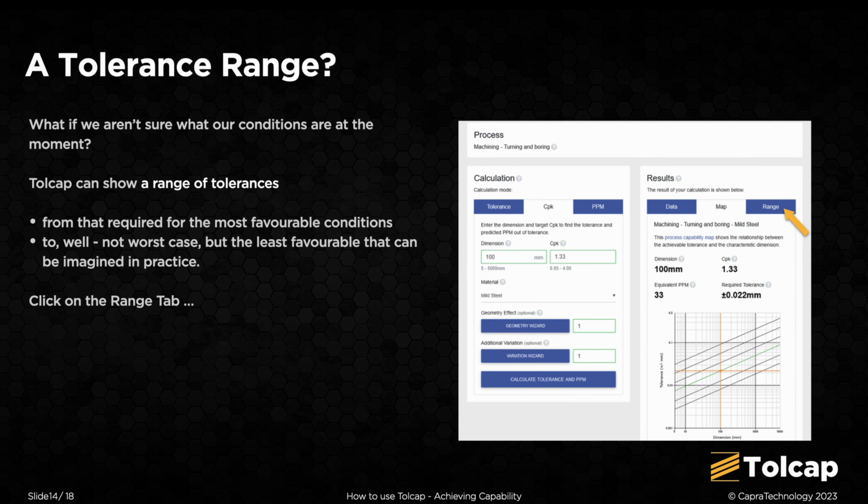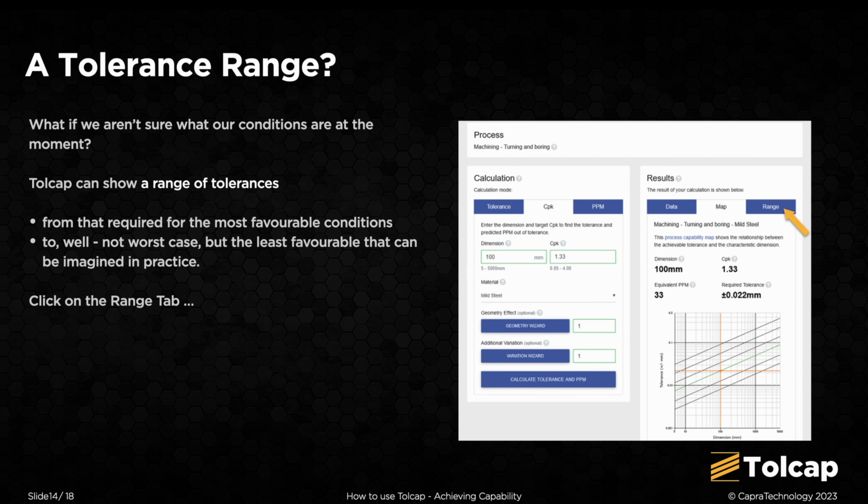Well, we're well aware there might be part geometry effects or additional variation problems, but we don't know quite what those issues are at this point. But Tolcap can show us a range of tolerances, from that required for the most favourable conditions that we just obtained to, well, not the worst case, but the least favourable case that we can imagine in practice.